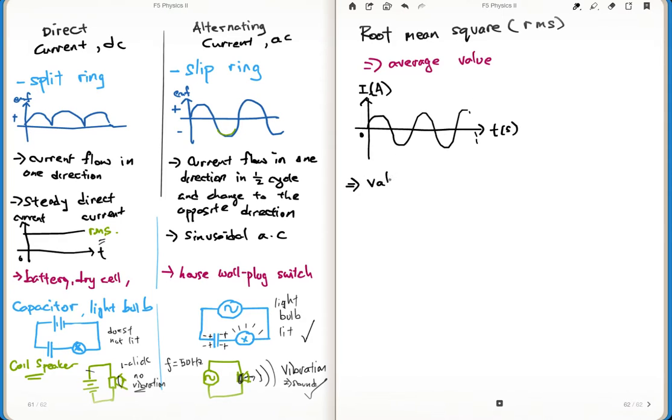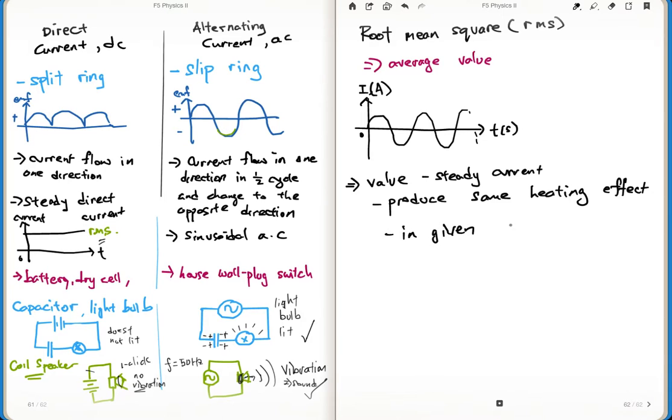RMS is actually a value of a steady current that would produce the same heating effect in a given resistor if it replaced the alternating current, AC.